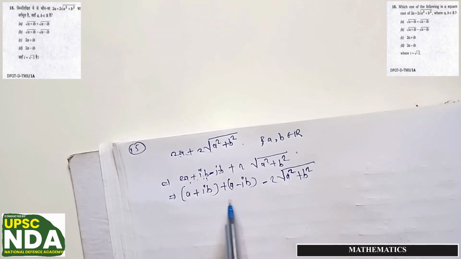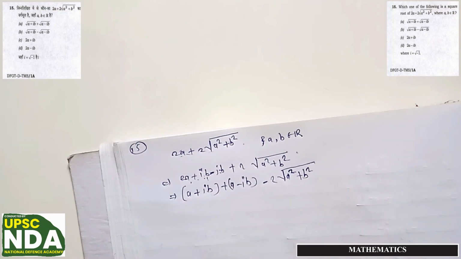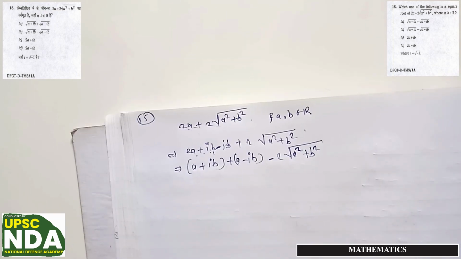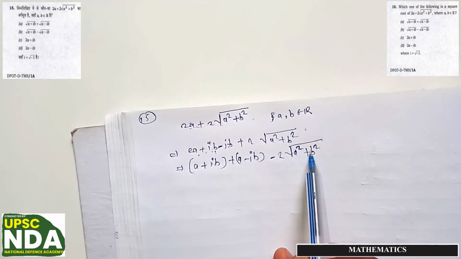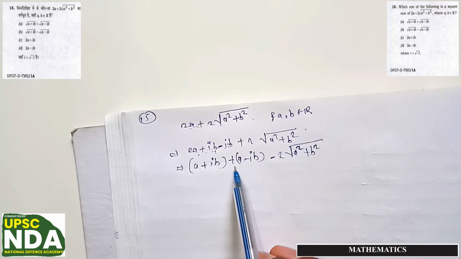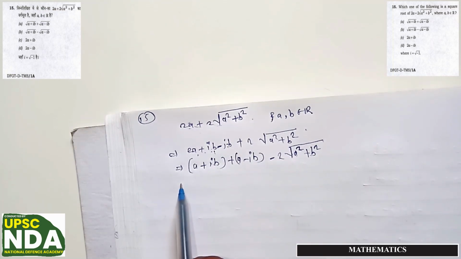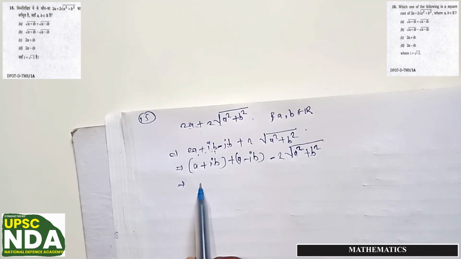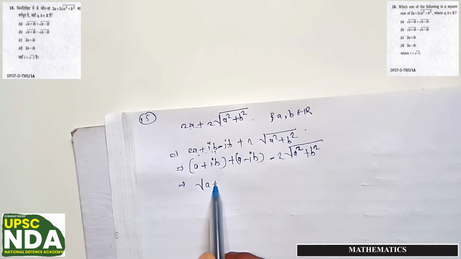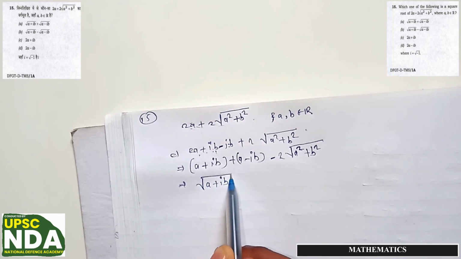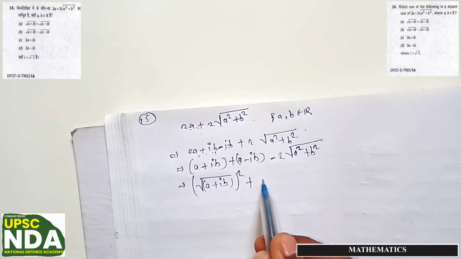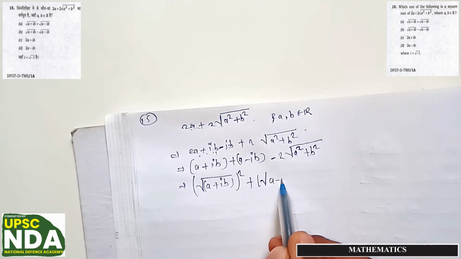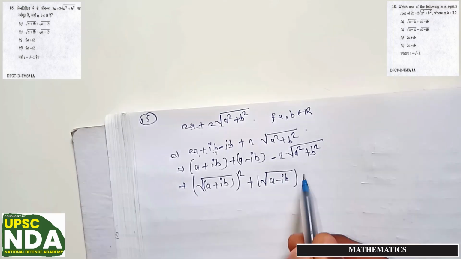Now in a plus ib plus a minus ib, we try to get a form like a square plus b square minus twice of ab. Such a term we have to form here. So for that formulation, we can write the square root of a plus ib, bracket square, plus the square root of a minus ib, bracket square.